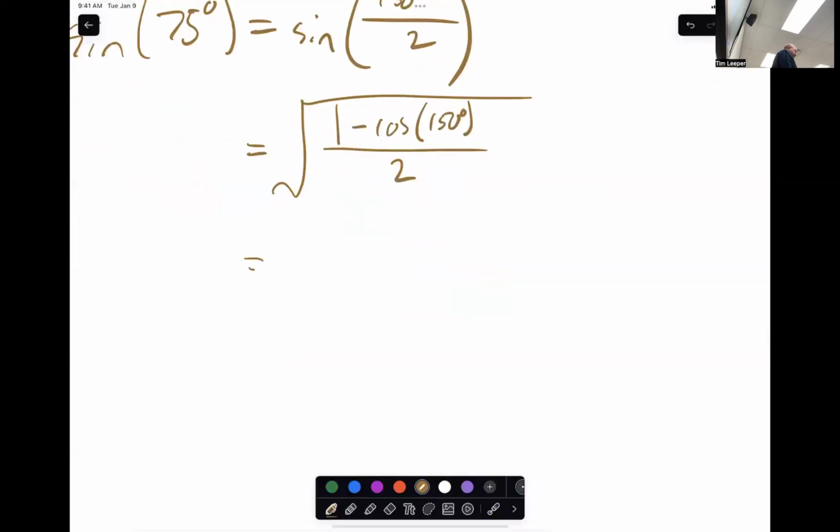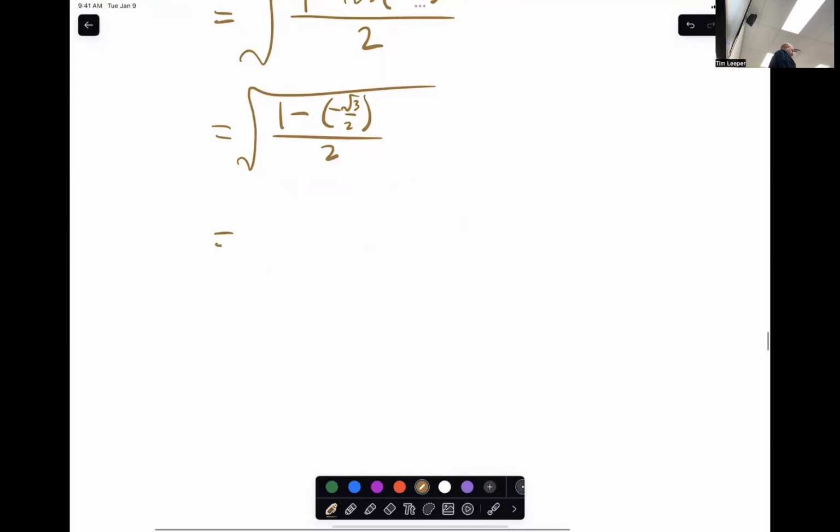And then all over 2. Fantastic. Now we've already discussed cosine of 150 degrees would be negative square root of 3 over 2, right? So this would be the square root of 1 minus a negative square root of 3 over 2, all over 2. Minus the negative, of course, is a plus, which means that this is the square root of 1 plus the square root of 3 over 2, all over 2.